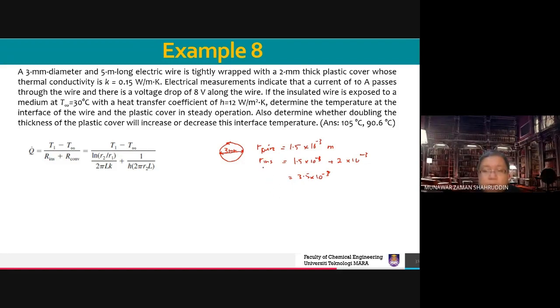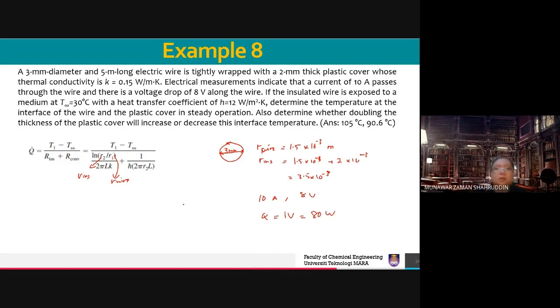You have R wire, you have R insulator. This one is R insulator, this one is R wire. Then you have 10 ampere and 8 volt. You know that Q equals IV, so 80 watt.